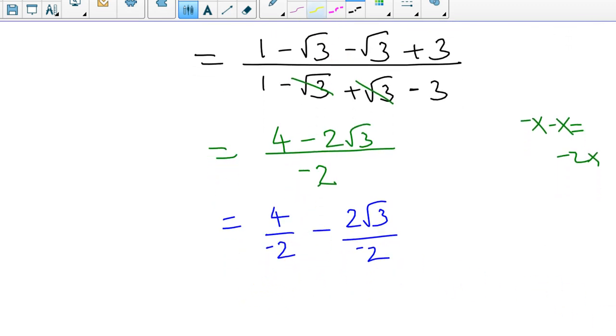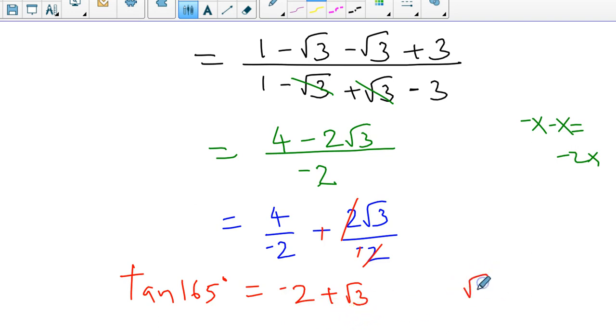It is 4 divided by negative 2 gives you negative 2, and 2 times square root of 3 over negative 2, the 2 and 2 got cancelled. Negative sign also gone, becomes positive. So I can write negative 2 plus root 3. That is the value of your tangent 165. So tan 165 degrees is equal to negative 2 plus root 3, or you can also write square root of 3 minus 2. Make sure that you don't take the square root sign all the way there.